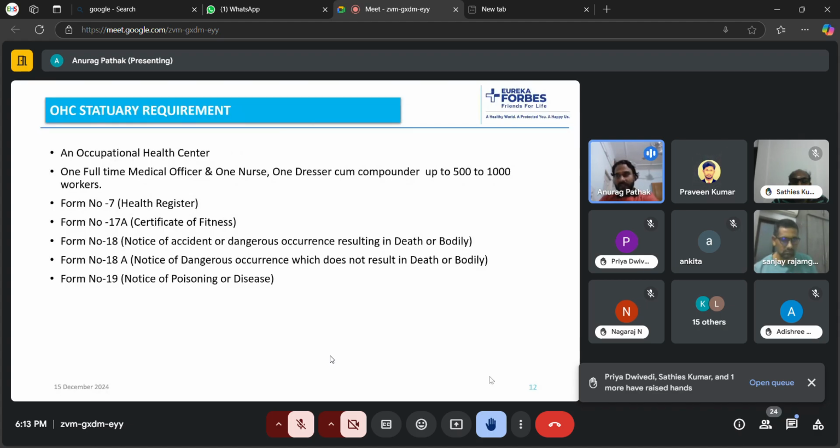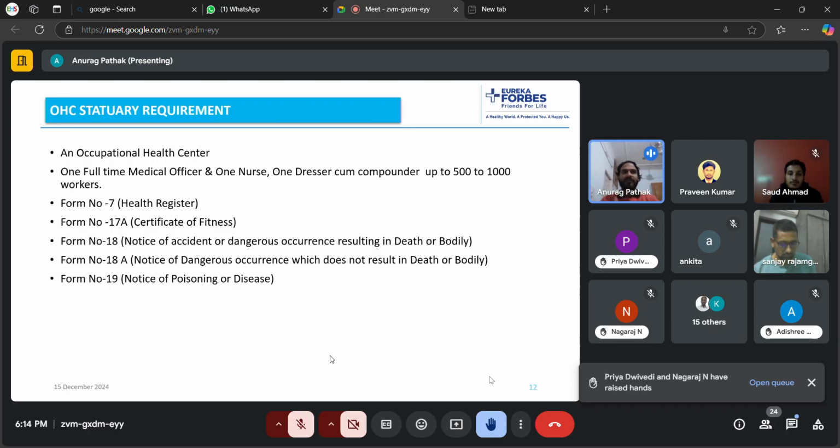Whatever we do inside the industry or outside the industry, there is a very thin line of difference. Outside the industry, no one is going to ask anything related to any person. But when we talk about inside the factories, all the rules and regulations must be followed, because we are registered as a factory, here or anywhere in any industry.